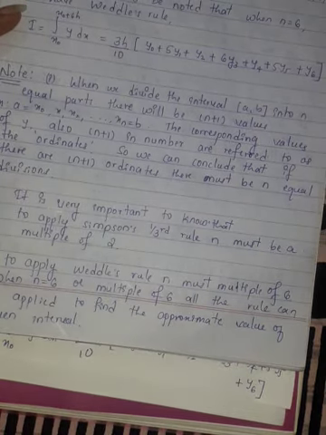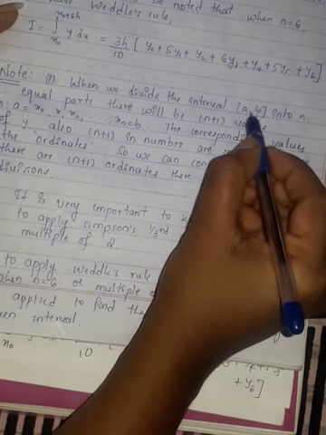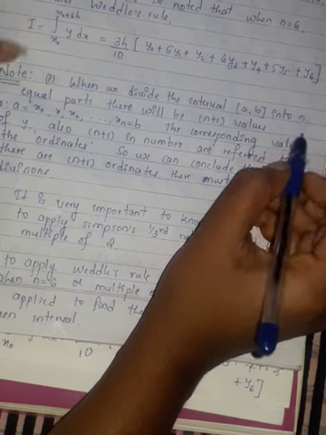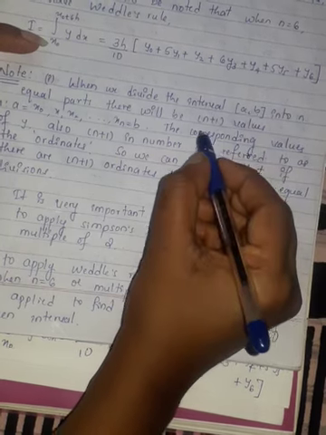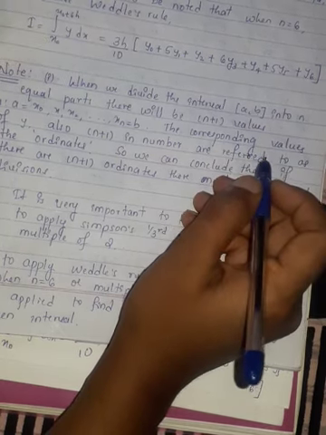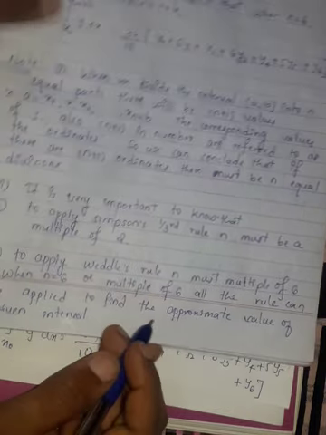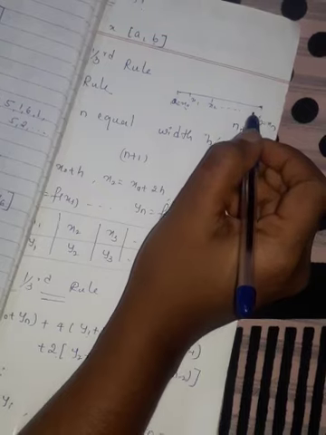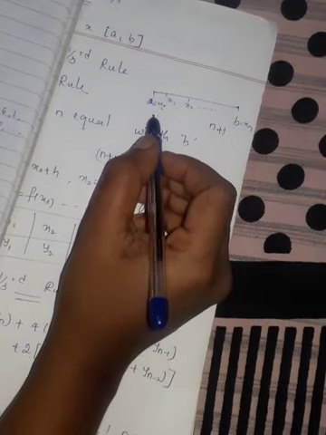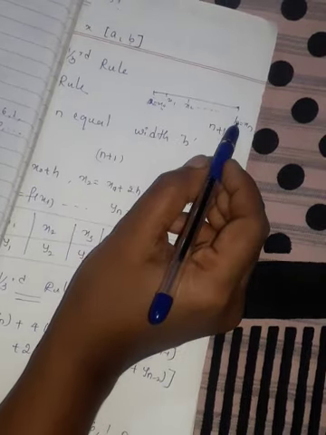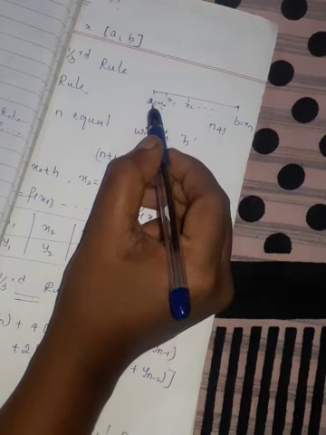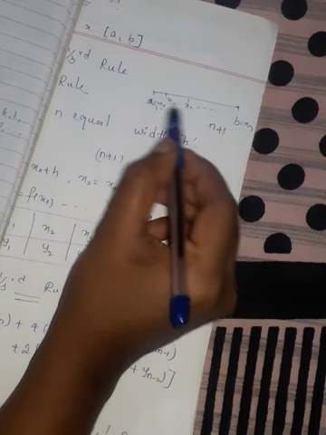Note number 1 is, when we divide the interval a to b into n parts, there will be n plus 1 values, as I told you. If you divide the interval a comma b into n parts, then you will get n plus 1 values, because our parts start from x0 to xn.